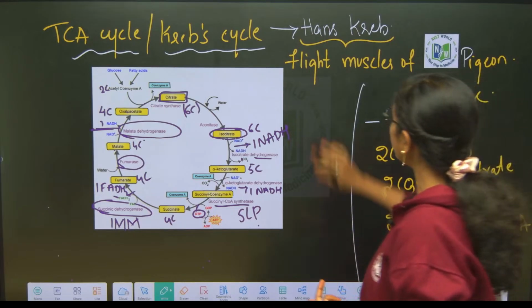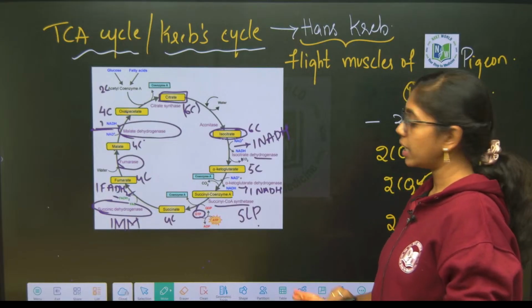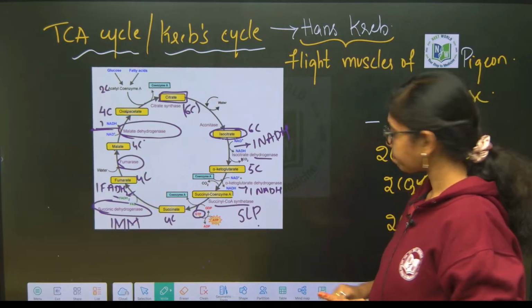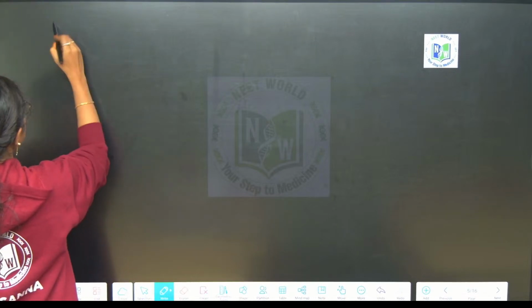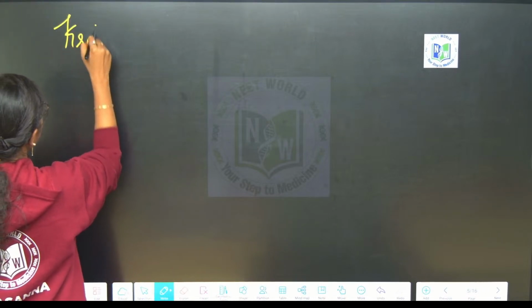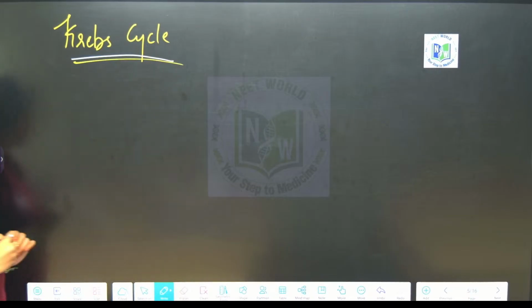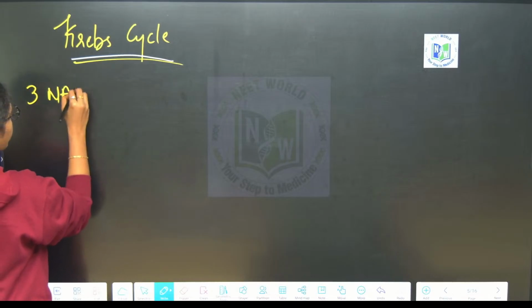Now, one more major point. What are the sites where NADH, FADH2 and GTP are being released in the Krebs cycle? Listen carefully. At 3 points NADH is being released in the Krebs cycle. What are they? Yes.